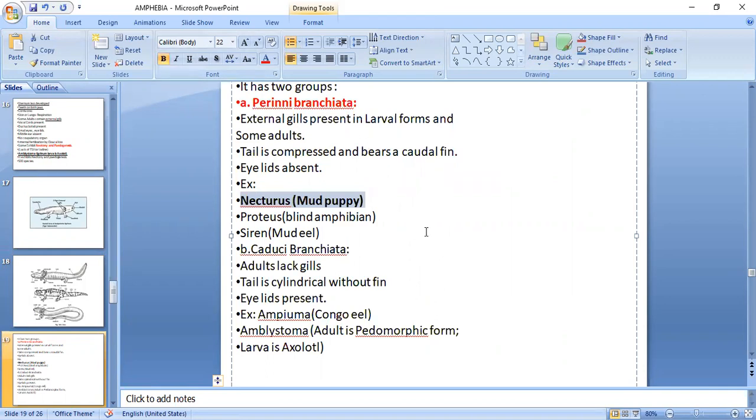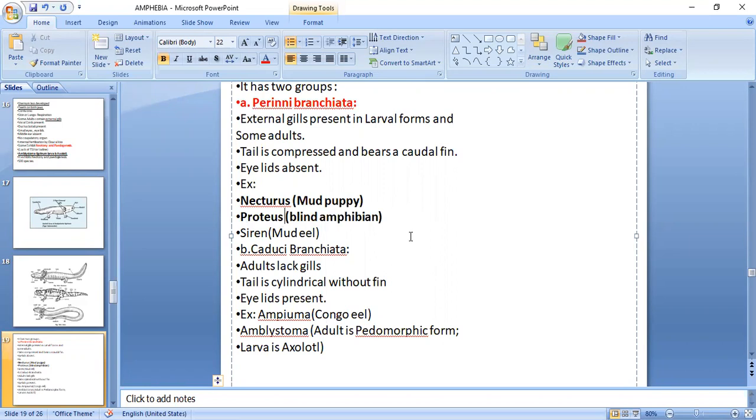So Necturus means mud puppy. Proteus, ఇది మళ్ళీ మనకి ఇంకో దగ్గర వస్తుంది, ఈ పేరు గుర్తుంచుకోండి. Proteus is a blind amphibian. It lives in caves. So for many generations it lived there, and that's why it lost its eyes.